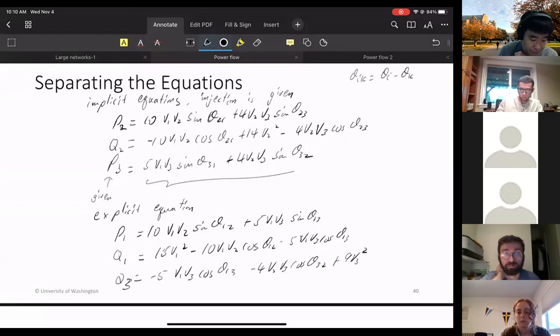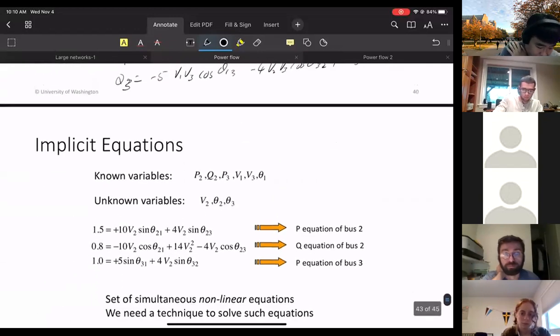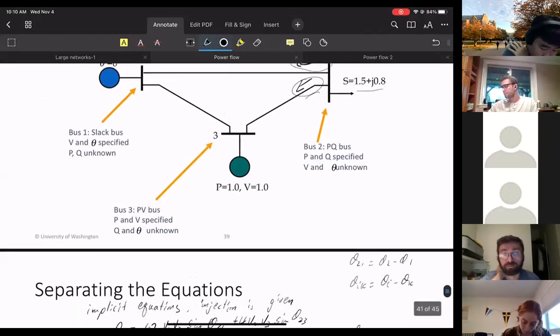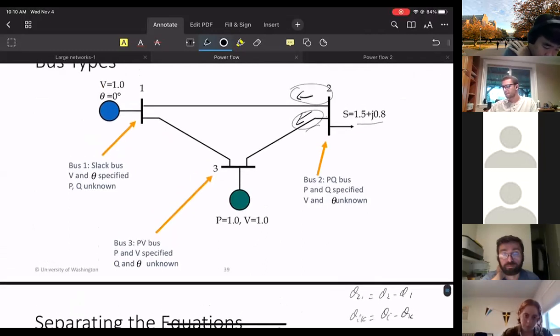Okay, so then when we solve the equations, what do we do? Right, when we solve the equations, the system of equations we solve is the following. Right, so we know these are the implicit equations where the powers are given. We also know the voltage at bus 3 and bus 1.